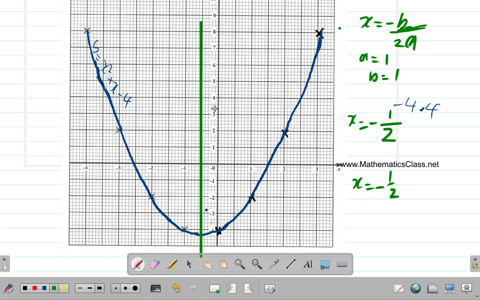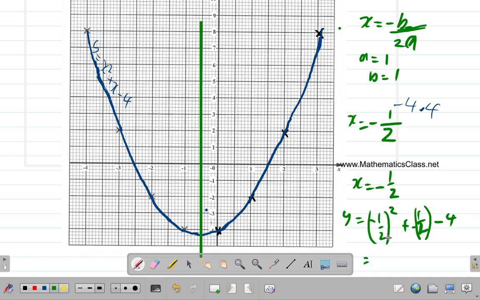When x is negative half, y is what? y equal x squared plus x minus 4, so negative half squared plus negative half minus 4.